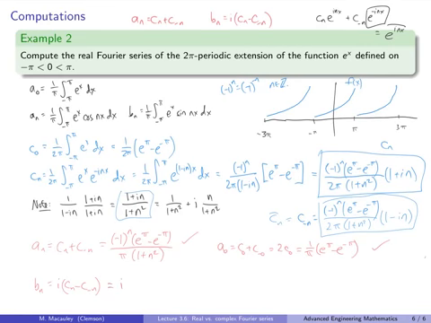So let's be careful. So this is i times, the difference here is negative 1 to the n times n times e to the pi minus e to the negative pi, over, we get rid of the 2, pi times 1 plus n squared.